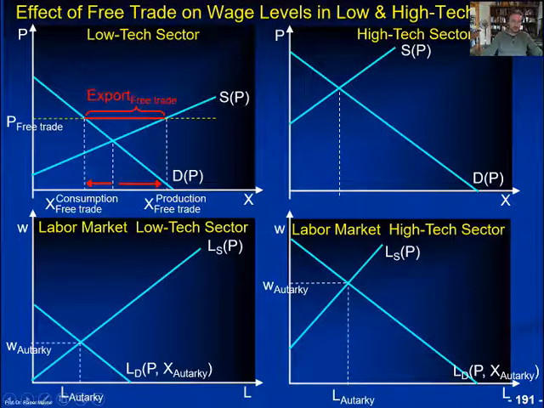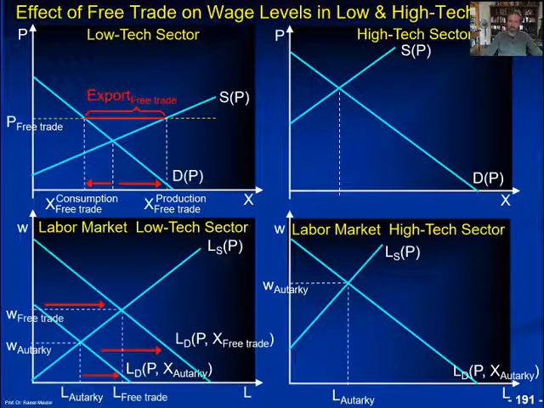This has consequences for the labor market. The increased production of low-tech sector goods causes a higher demand for low-skilled workers on the labor market of the low-tech sector. So, labor demand in the low-tech sector grows.